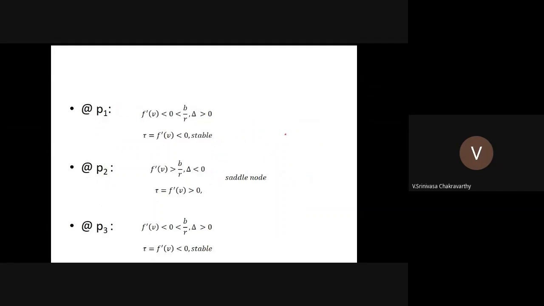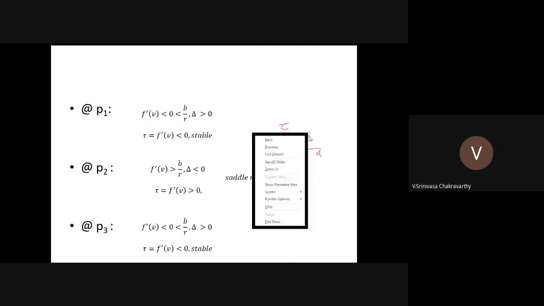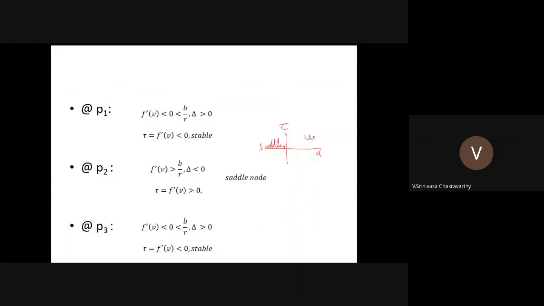And we know from our bifurcation map, if this is delta and this is tau, if delta is negative, all this is saddles, and here you have unstable and no stable.